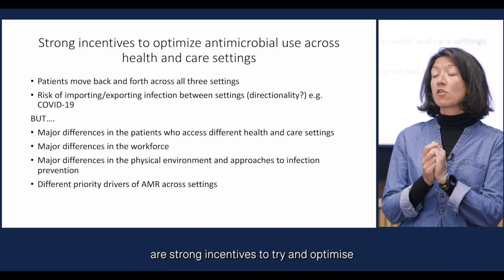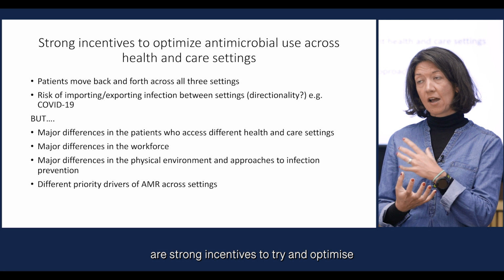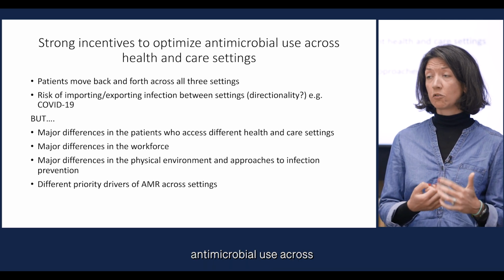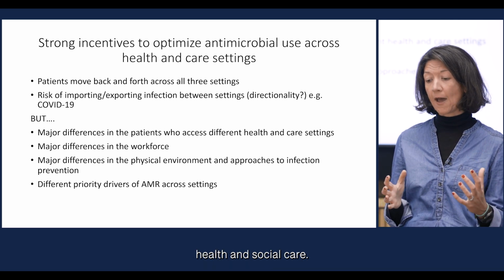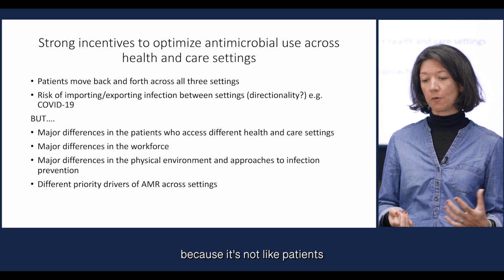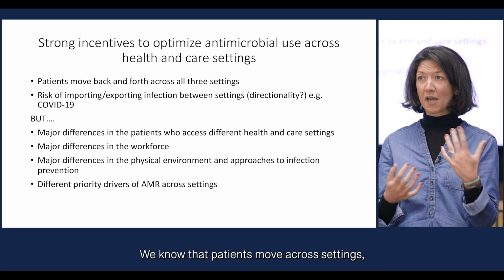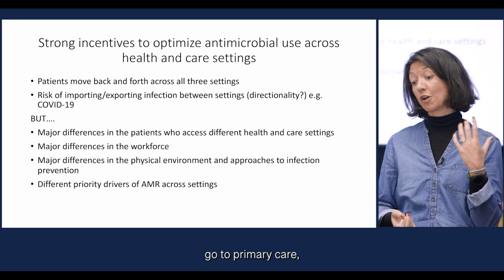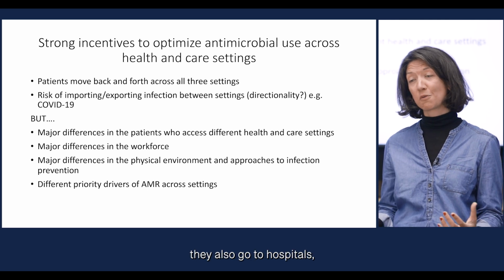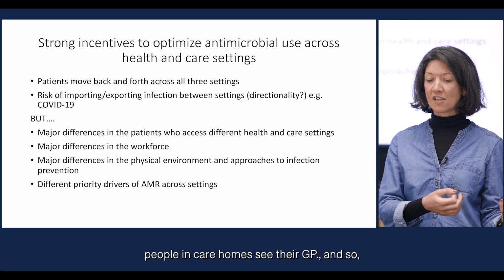We know that there are strong incentives to try and optimise antimicrobial use across health and social care, but it's not quite that simple because patients don't just sit in one place. Patients move across settings: people go to primary care, they also go to hospitals, and people in care homes see their GP.